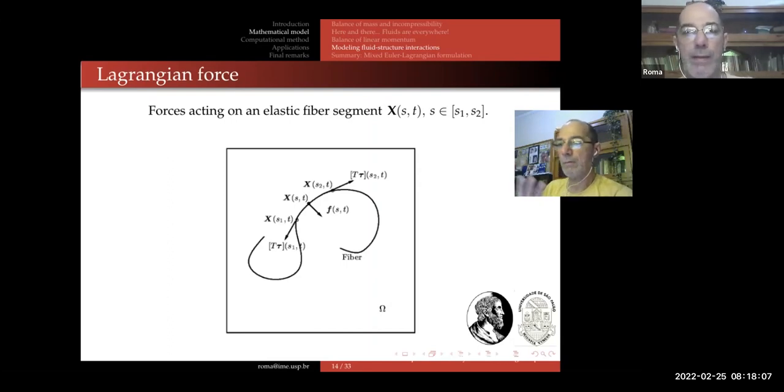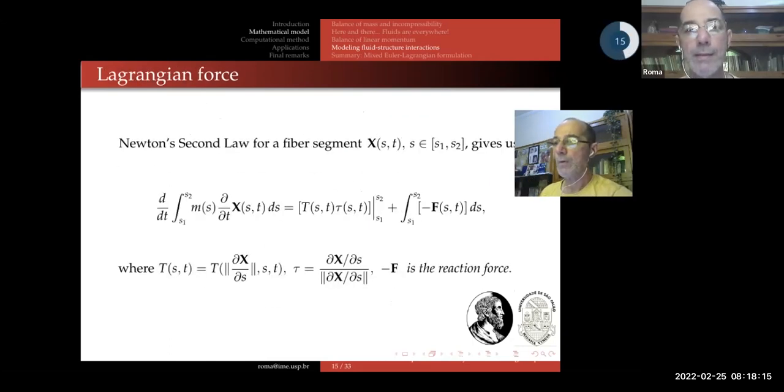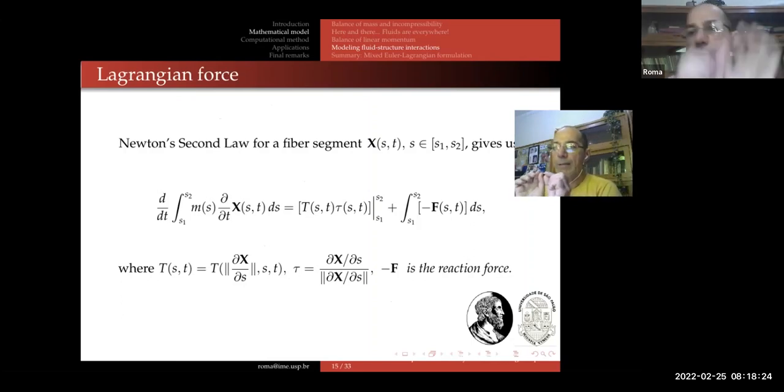At every point here in the middle, okay? So we have basically these two kinds of forces. So let's write down the balance of forces. It's like Newton's second law for that little piece of immersed elastic fiber.